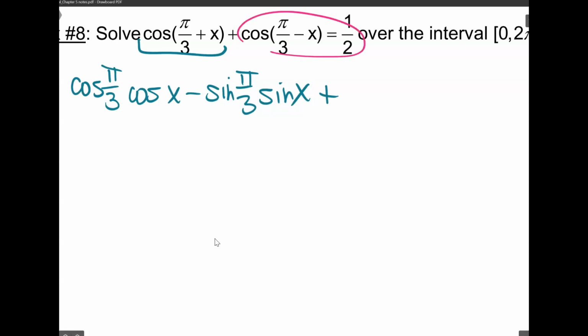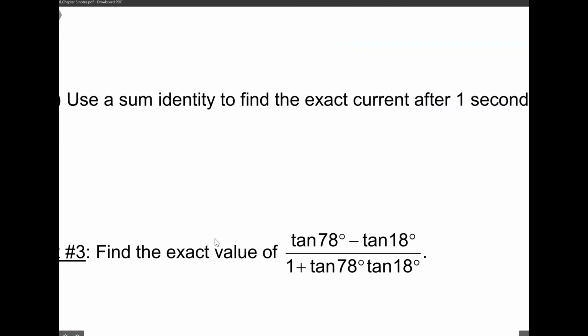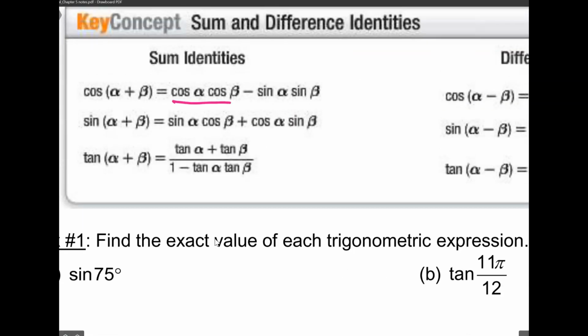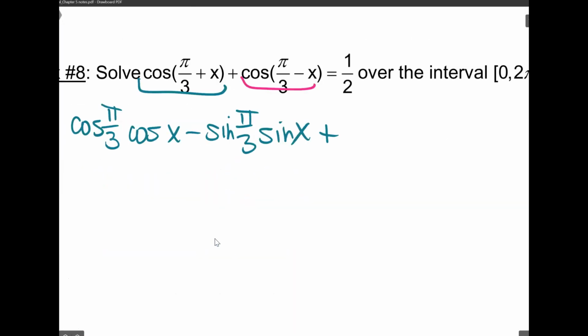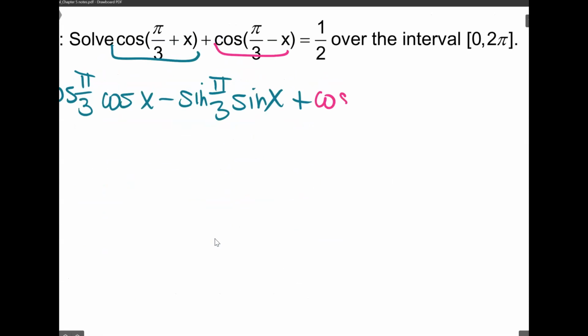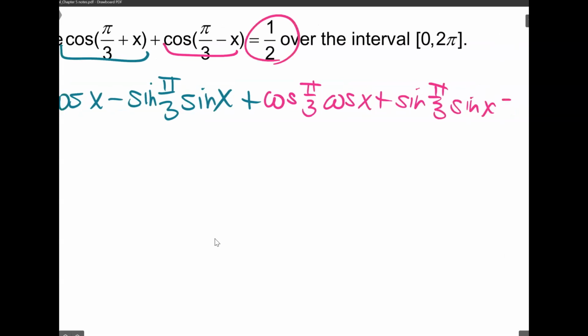We're going to expand it out, following the identity, cosine, cosine, sine, sine. So plus cosine pi over 3 cosine x plus sine pi over 3 sine of x. And don't forget, this is all equal to 1/2.